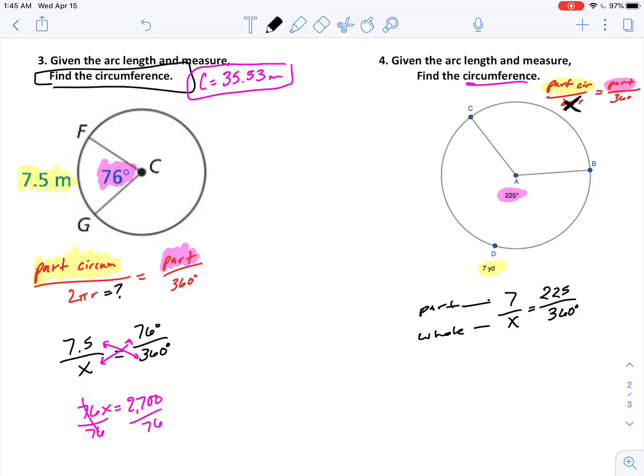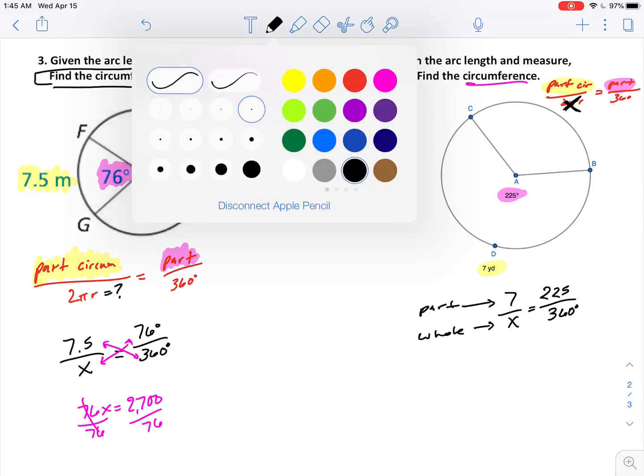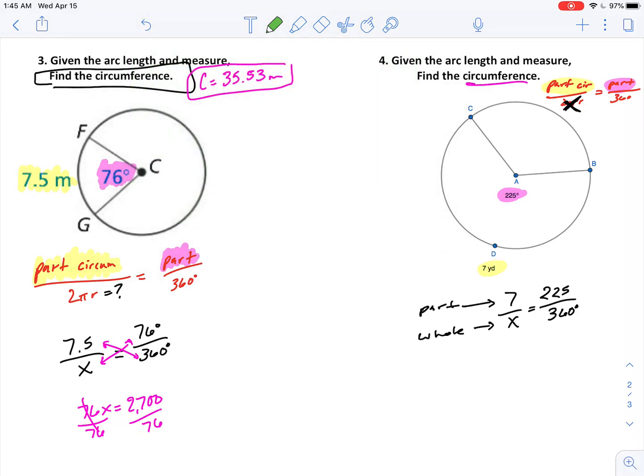So part of the circumference over the whole circumference, which we don't know, equals part of the circle in degrees over the whole circle measured in degrees. Okay, now let's cross multiply and solve.